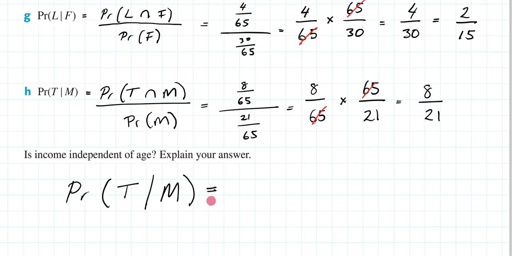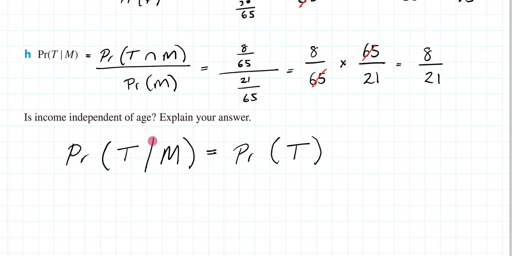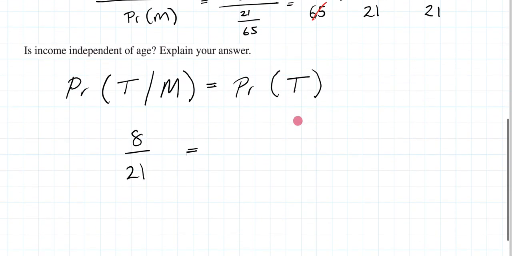Now, if it was independent, meaning that an individual's age didn't impact the probability of them getting a certain income, what you would expect here is that my probability would be T, because M wouldn't affect T. So now, if I was to get my probability of T given M, which is 8 over 21, and my probability of T, which is 23 over 65, you can clearly see that they don't equal each other, which means my answer is no.